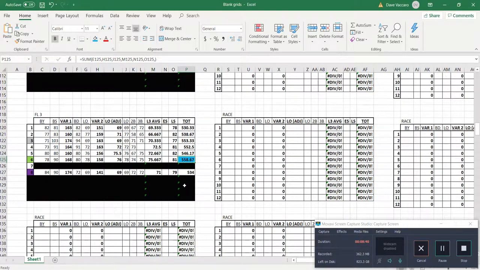It could be similar to a power rating, which a lot of systems have, and they're usually just an accumulation of different factors that are averaged out, or there's some sort of formula used to come out with a figure. Well, this is our power rating here. So if you want to call it a power rating, we'll do that for this video. Top power rating goes to the 6 horse at 558.67.